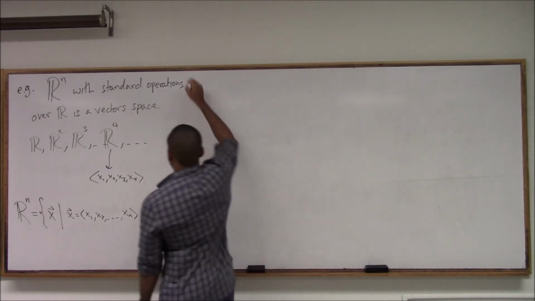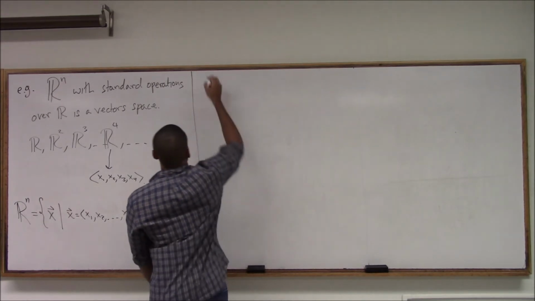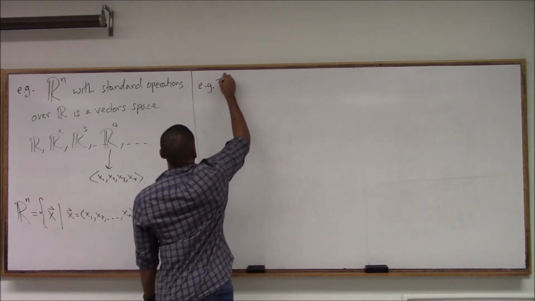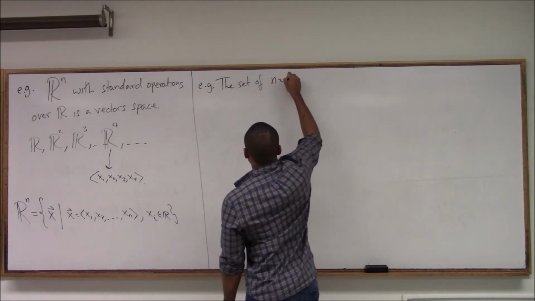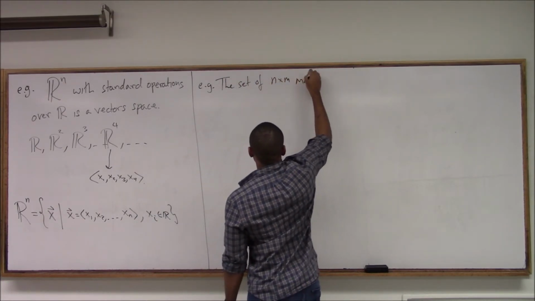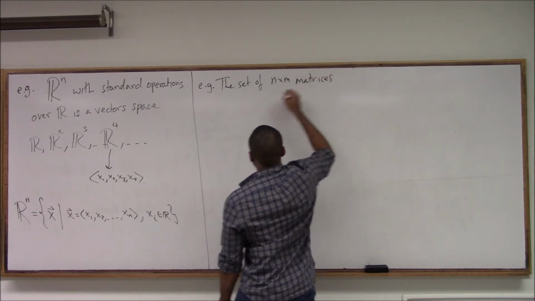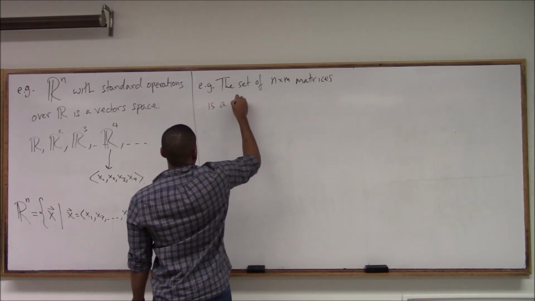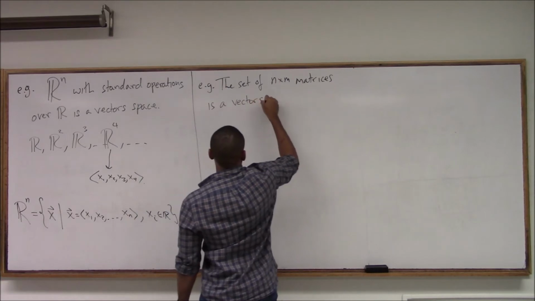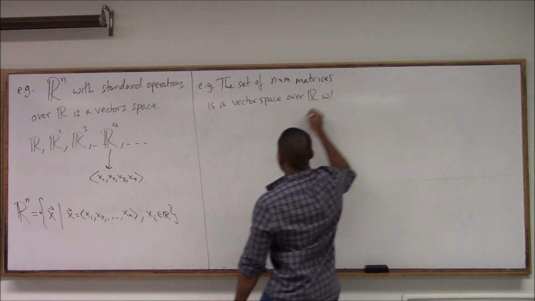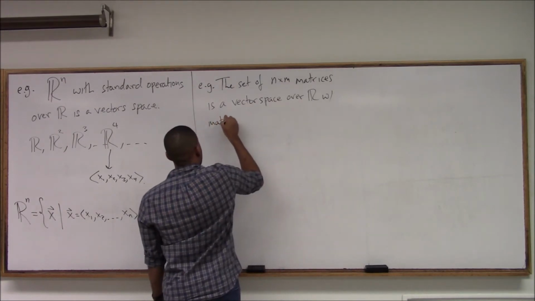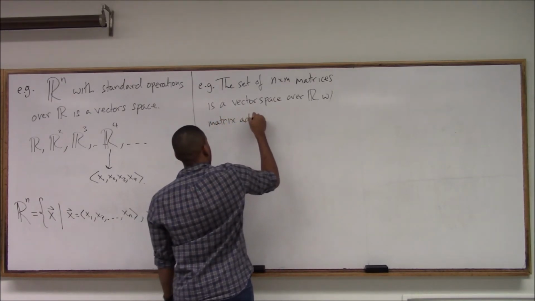Here's another example. The set of n by n matrices is a vector space over R with matrix addition and scalar multiplication.